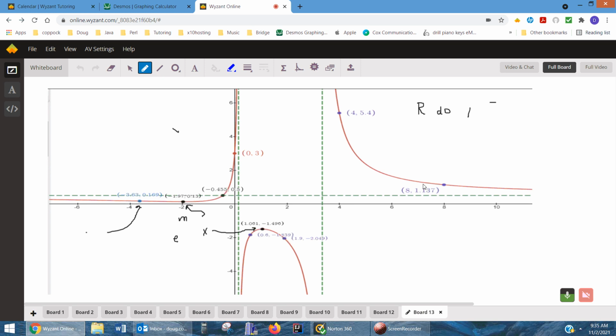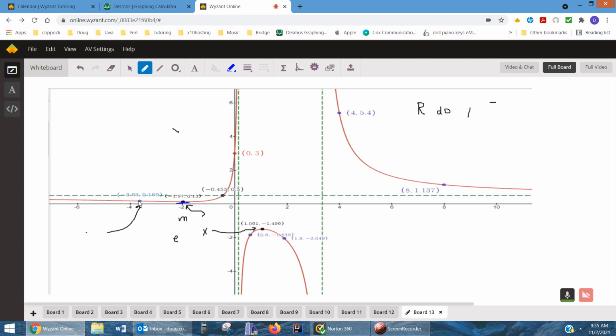These are just random points to find out basically how the curve goes to the right of this rightmost vertical asymptote. Over here we have the y-intercept. We have the point where the graph crosses its horizontal asymptote. We have the relative minimum right here. That's the low point. That's where the tangent line has a slope of 0.